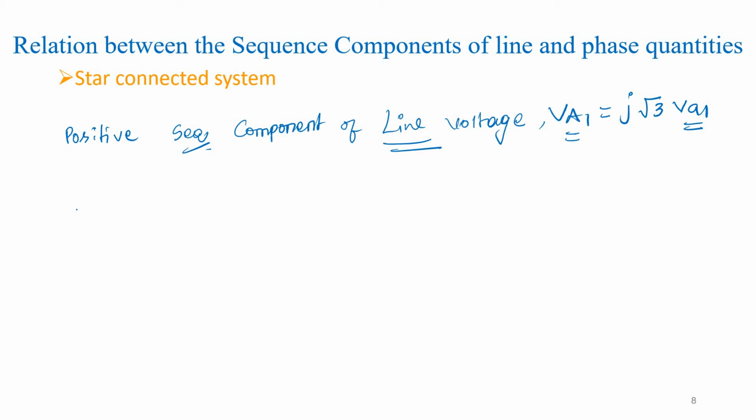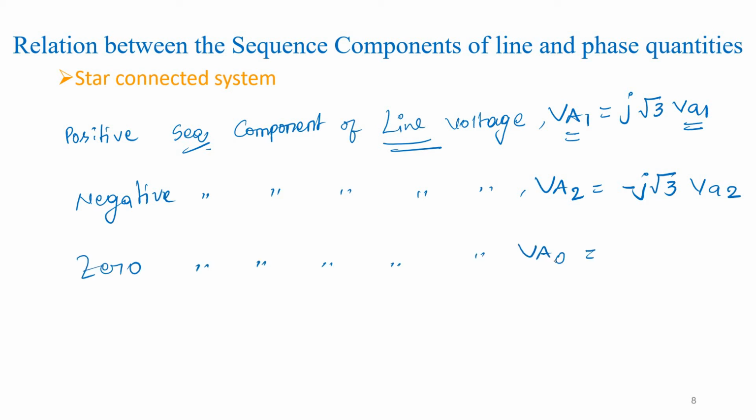Similarly, the negative sequence component of the line voltage VA2 is equal to minus j root 3 times va2. Just now we have seen the zero sequence component with respect to the line voltages will always be 0 volts.